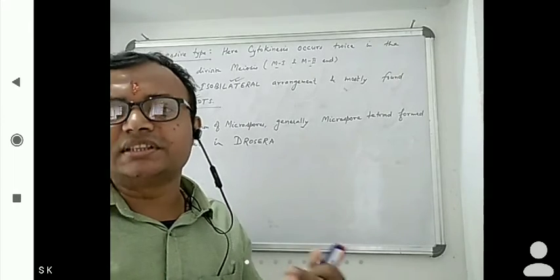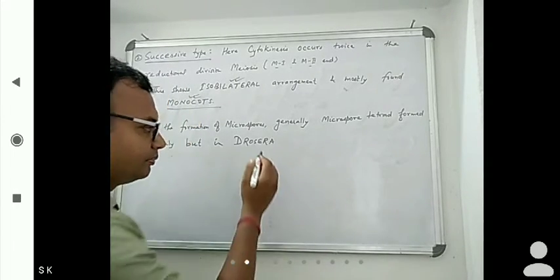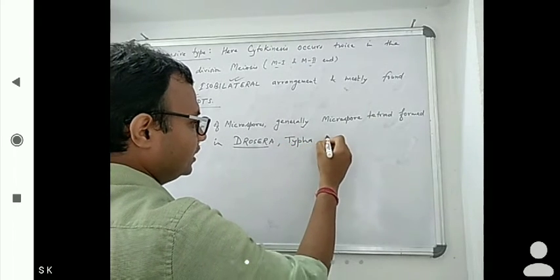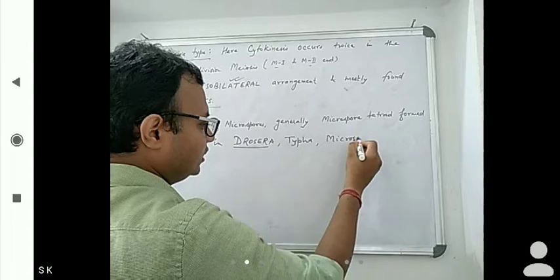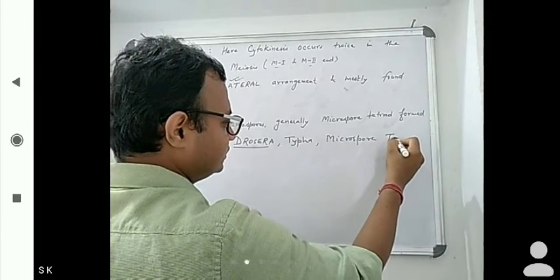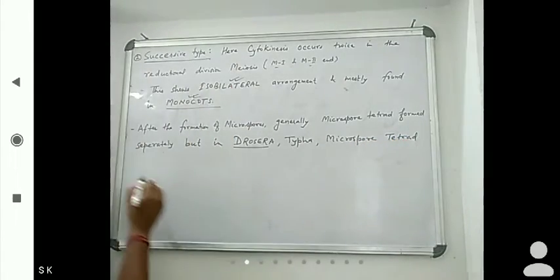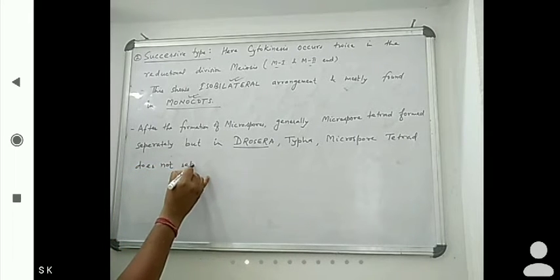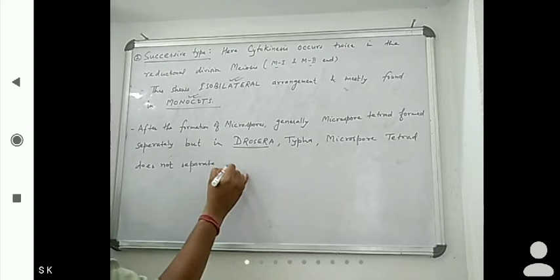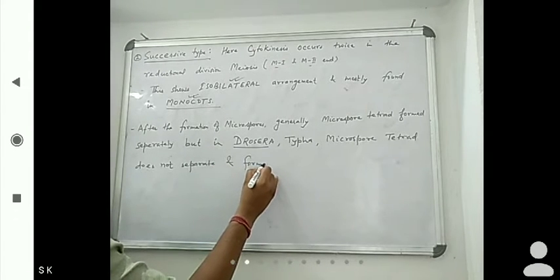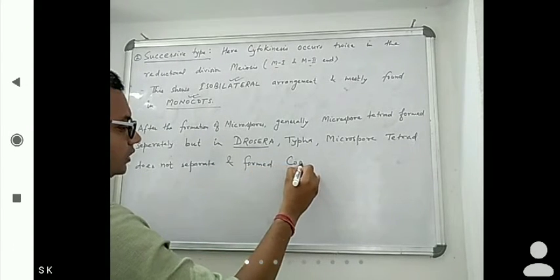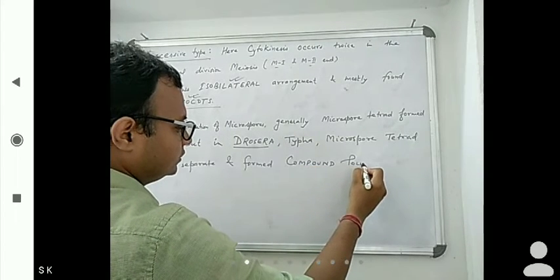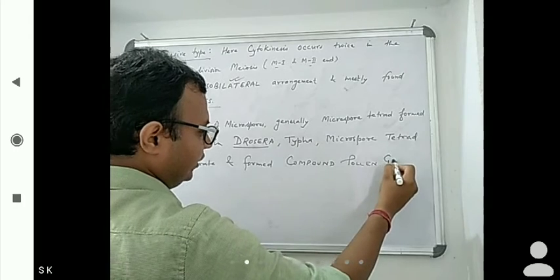Next example is Typha. Okay, here what happened in Drosera, Typha, microspore tetrad does not separate and formed compound pollen grains.